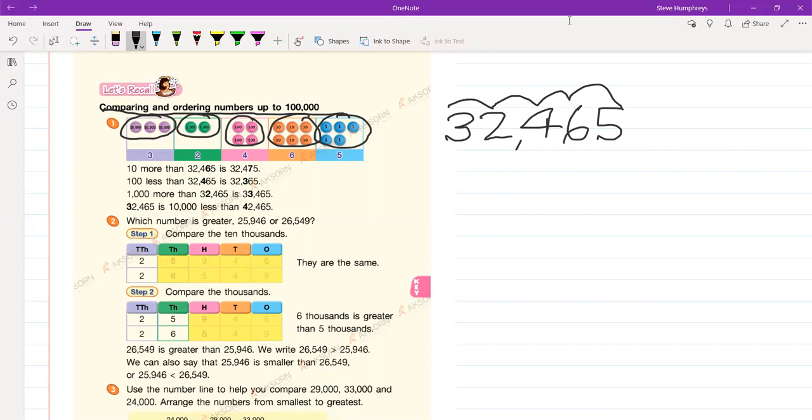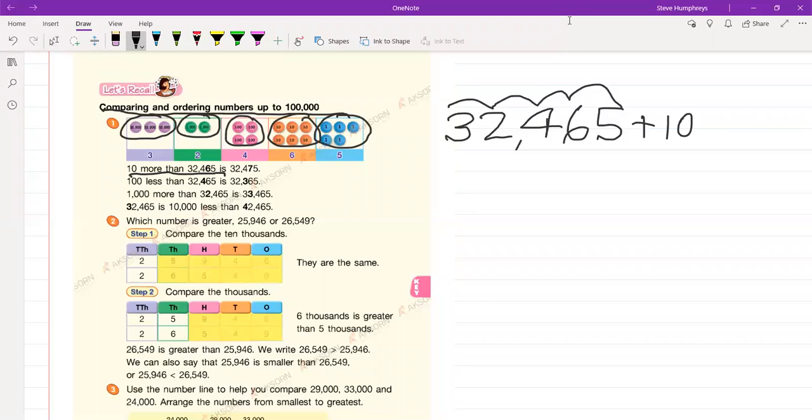Okay, let's have a look at the example. 10 more than 32,465 is. So what you're doing really is adding 10 to this number.